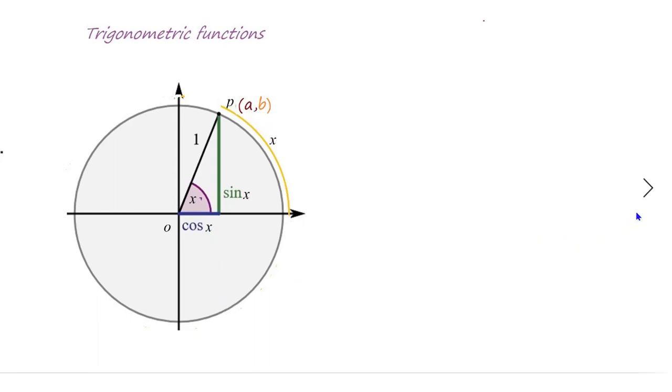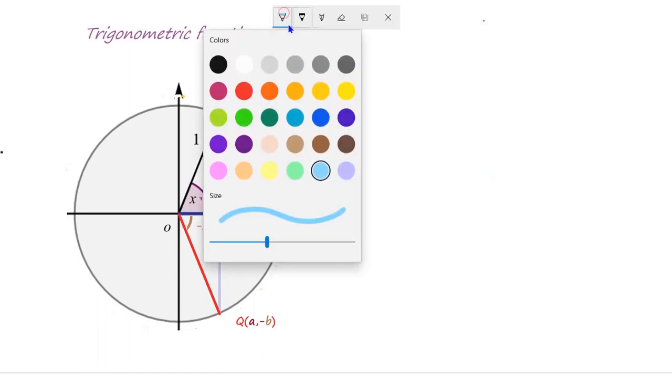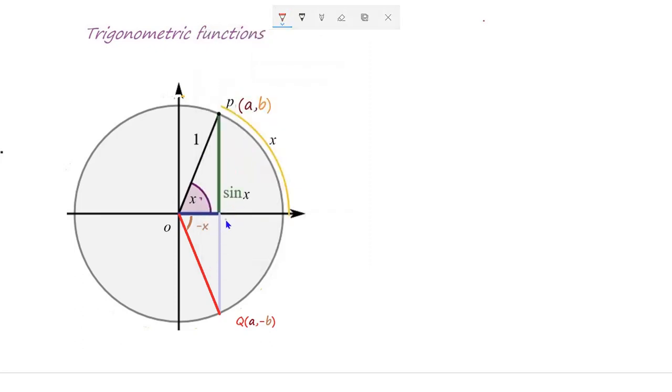That is the point Q. From Q draw a perpendicular to the x-axis, and call the foot of the perpendicular M. This is the point Q, and QM is perpendicular to x-axis.